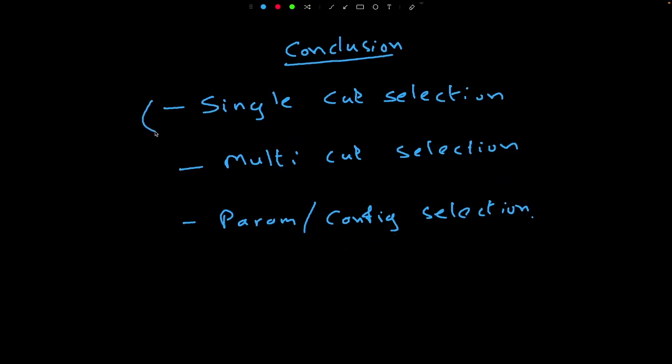But for these two parts, the prediction is mostly that multi-cut selection is a more interesting area to watch, because typically solvers don't add one cut at a time, and these policies are never compared directly with each other. So again, all of this work is kind of in a work-in-progress state.